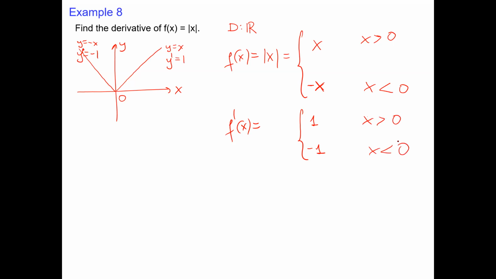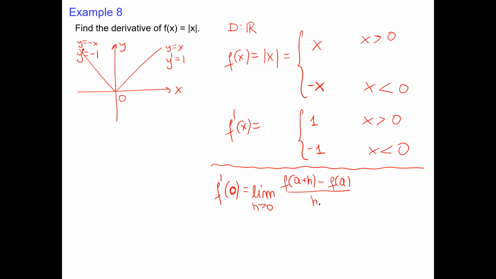Okay, excellent. However, we do have to perform one task. We have to find out what the derivative is exactly at 0. We will use the limit definition because that's the only tool that we have. The limit as h approaches 0 of f of a plus h minus f of a, all over h.